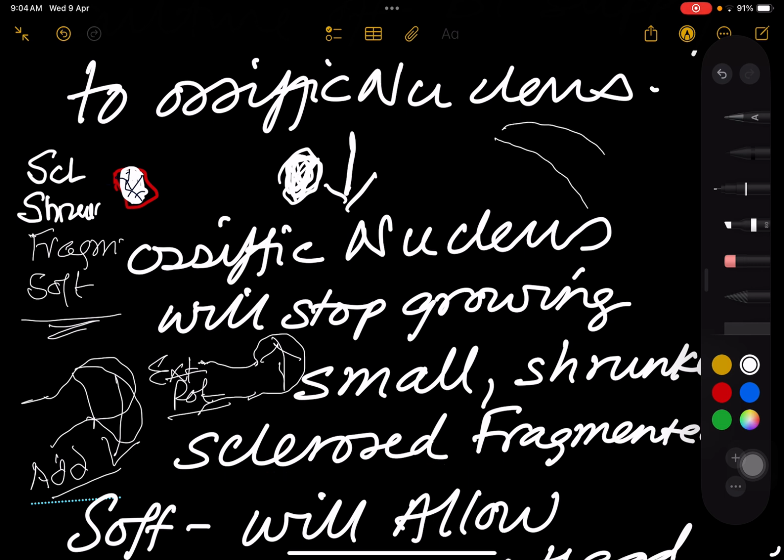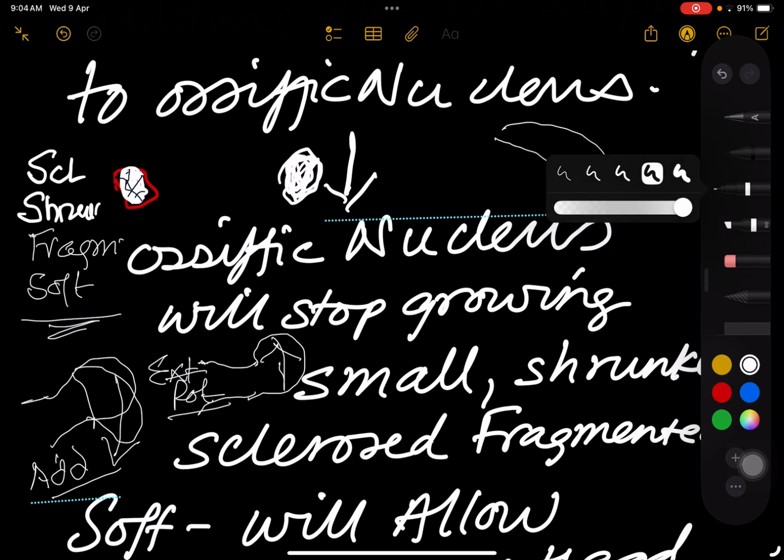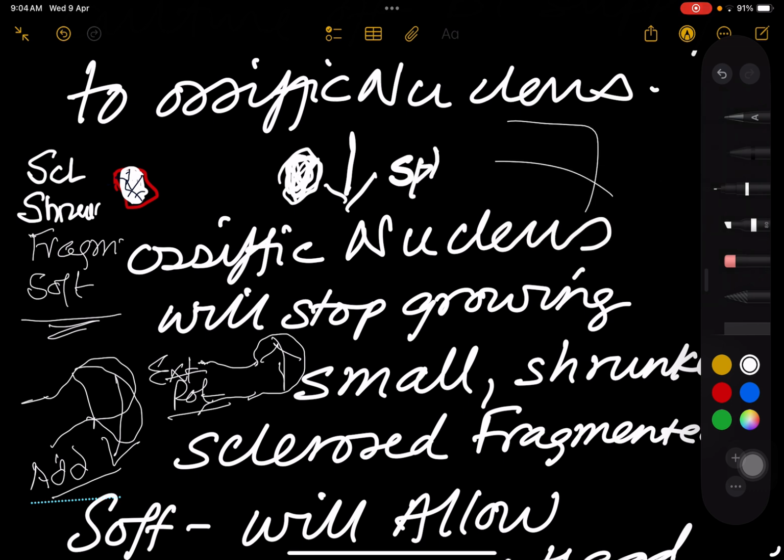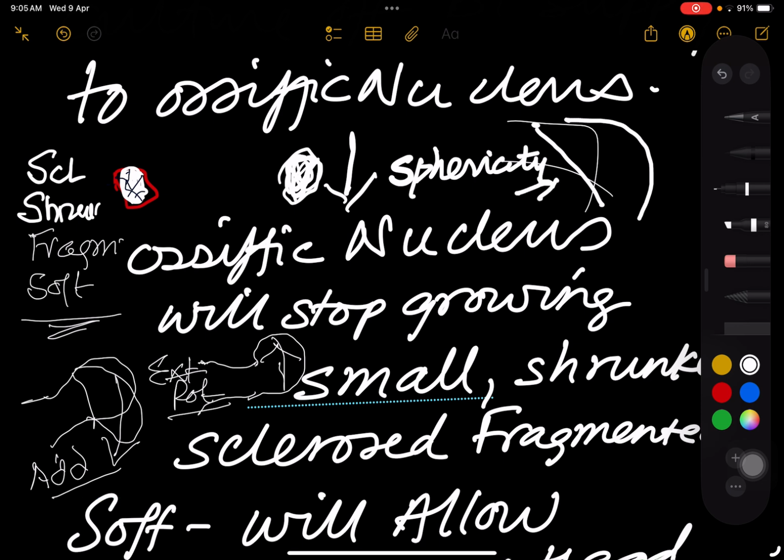it has become flat, and the acetabulum is round. So this is called loss of sphericity. Then, since it has become flat and the acetabulum is round, it has become less spherical from the acetabulum. Therefore, its distance from the acetabulum is now not the same.